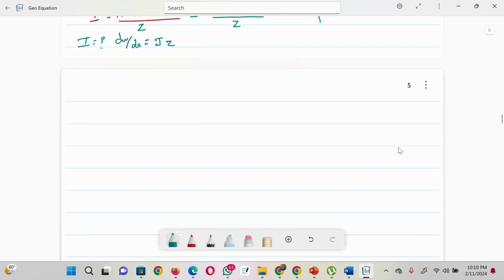The same thing here, we are going to take dv by dx equal to I, that means v into y, the admittance value.